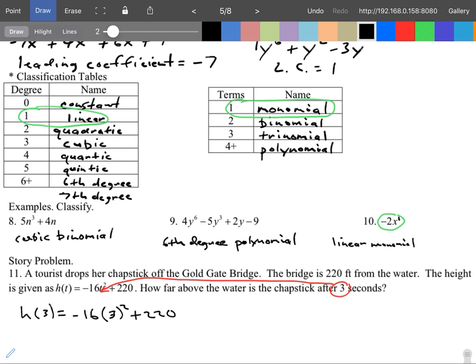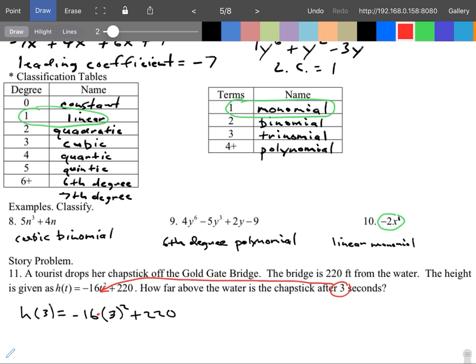So now what do we do here? Do we square the 3 first, or do we multiply by the negative 16 first? There's a multiplication right here. What do you guys think? 3 squared first.